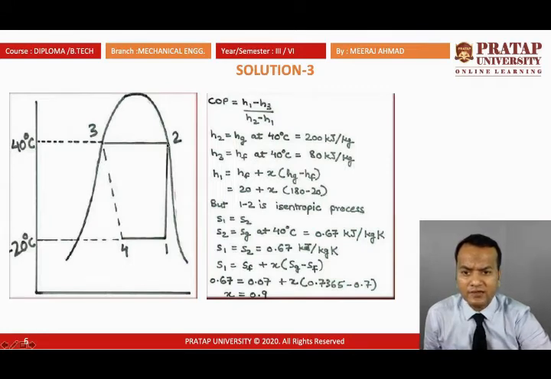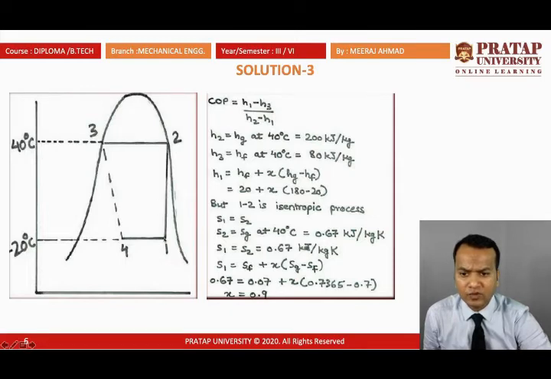At the inlet to the condenser, the refrigerant is a saturated vapor. This is point 2, which enters the condenser. You know that in the compressor isentropic compression should be there. So, we can draw the straight line from point 2.